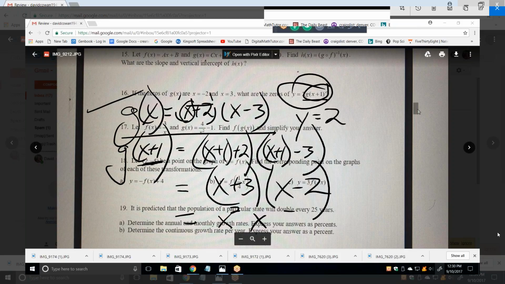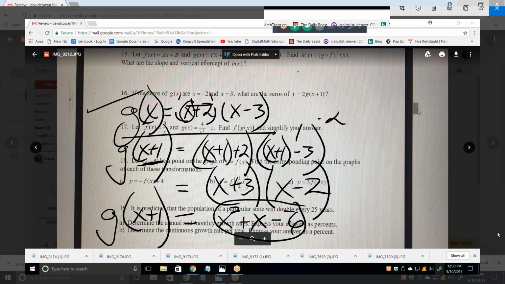I don't need the plus sign in front of the x squared, but I definitely need the plus sign there. Absolutely. And what's the last term? Minus 6. Okay. So that's what g of x plus 1 is. They don't want g of x plus 1. It's not an easy test. They want 2 times g of x plus 1. So what's 2 times g of x plus 1?